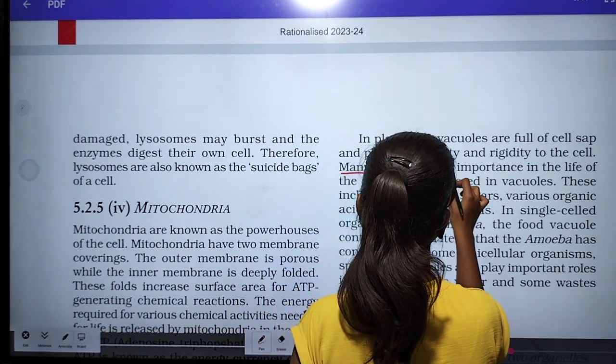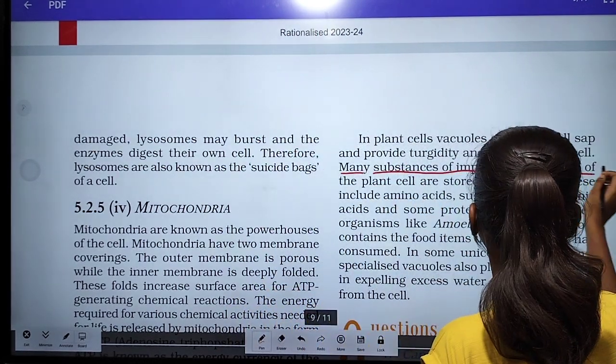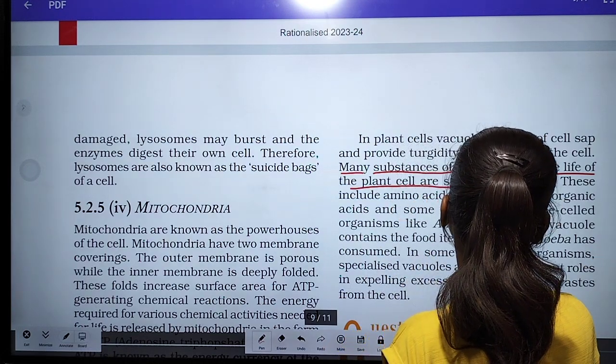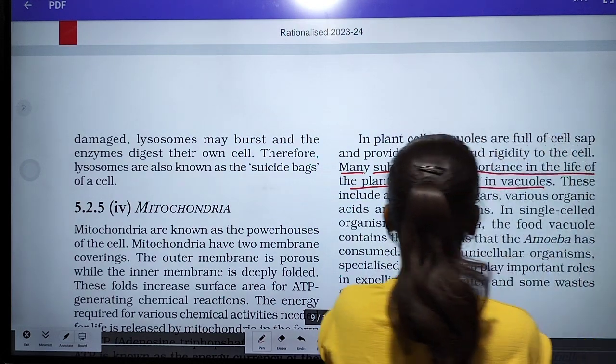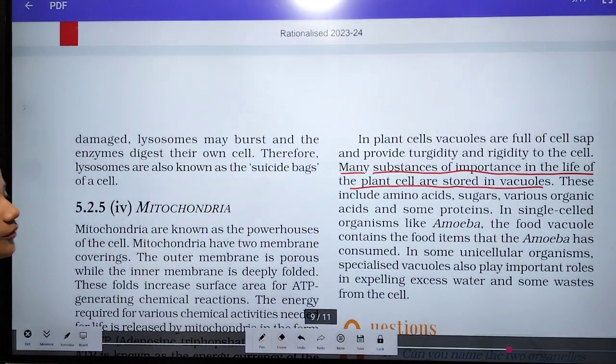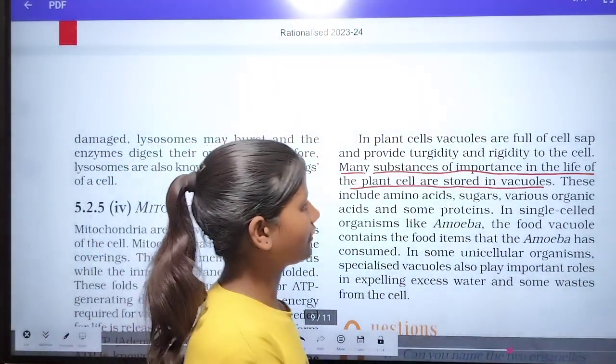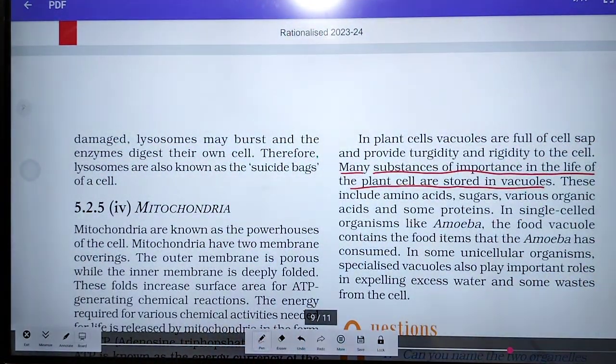Many substances of importance in the life of the plant cell are stored in the vacuole. It means the important substances of the plant cell are stored in what?